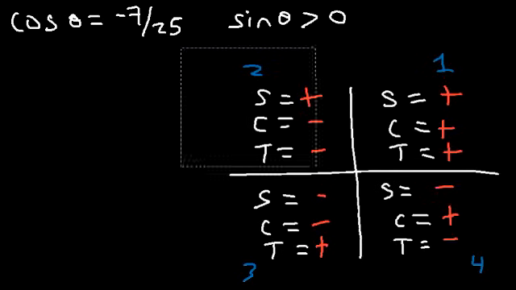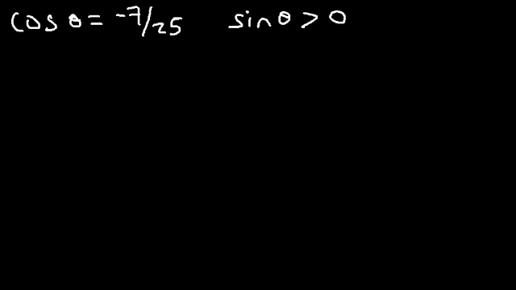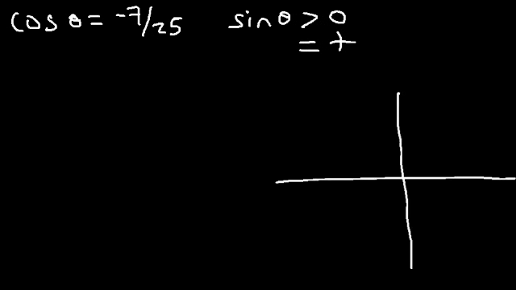So knowing that, we can see that cosine is negative and sine is greater than 0, which means that it's positive. So this has to be quadrant 2. X is negative in quadrant 2, but y is positive. So let's draw the triangle here.